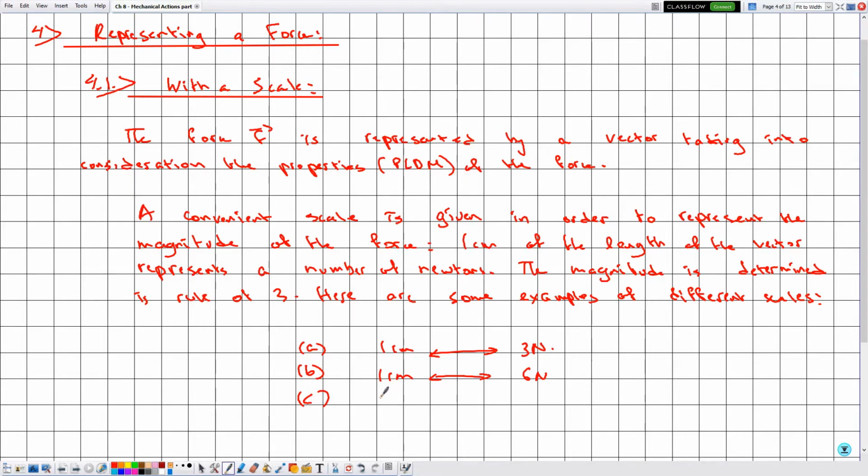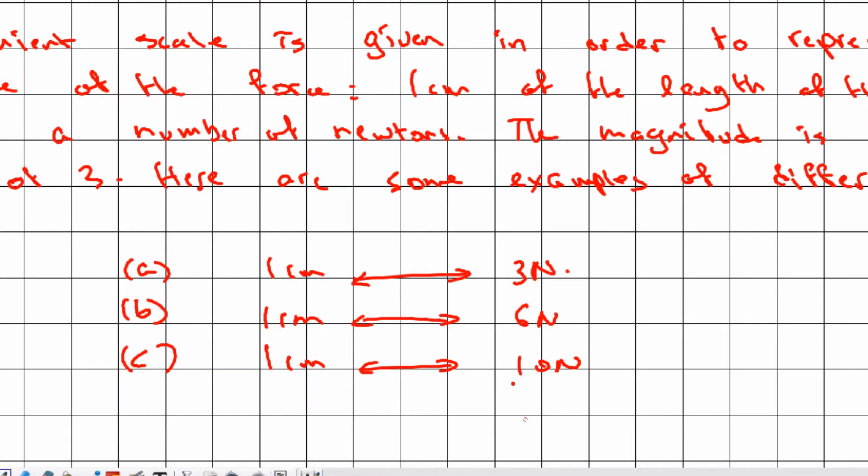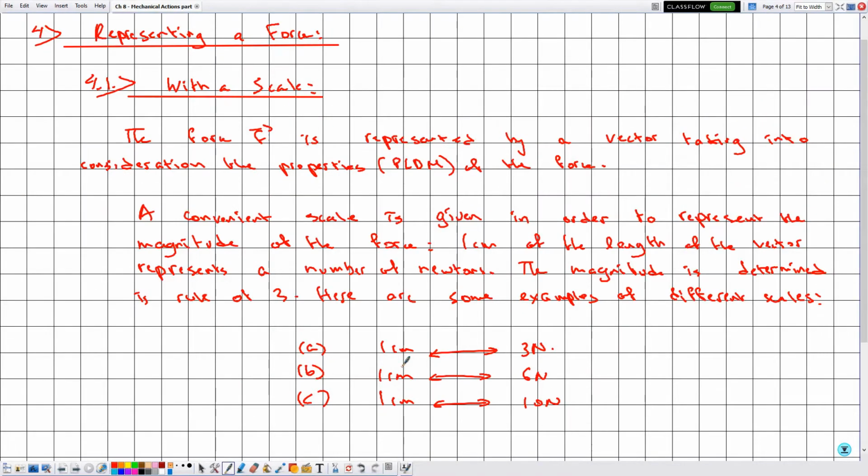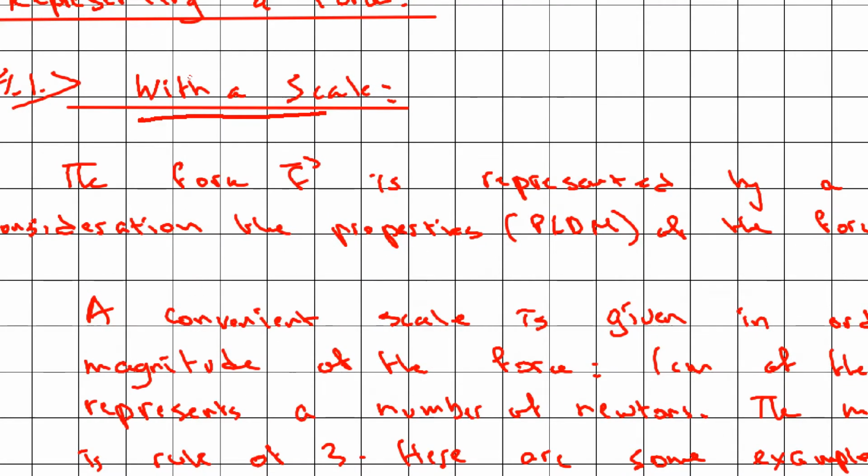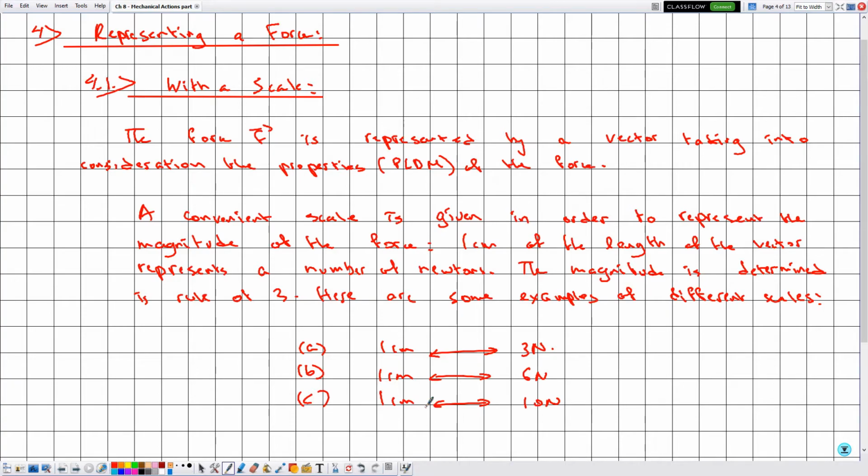Another good scale is given by 1 centimeter corresponding to 10 newtons. So this is also a scale independent of this number. What is important is that this must be a unit of length, which is 1 centimeter. So whenever we are representing a force with a scale, then we should determine the length of the vector that we are representing.